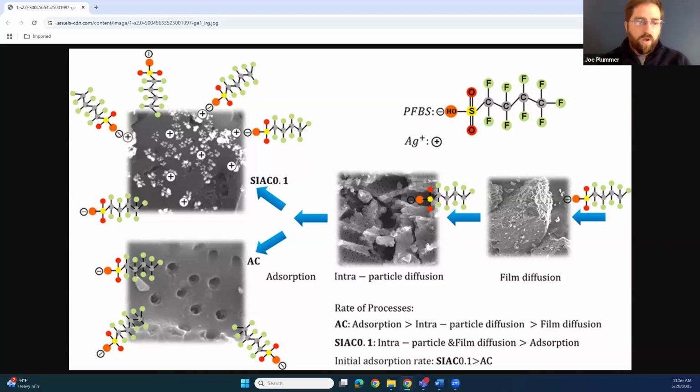Well, so what is the future of this work? That's a great question. We need to work on making more stable silver impregnated activated carbon.